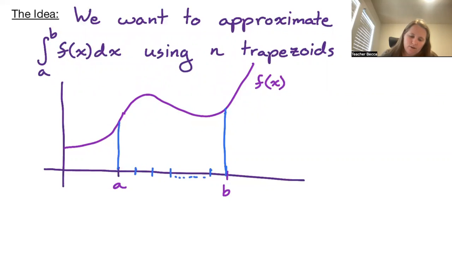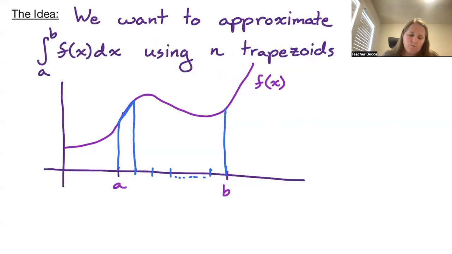And then for each interval, we're going to draw a trapezoid, which has essentially base 1 extends from the x-axis to f, starting at the left-hand side of the interval, and base 2 does the same going from the right-hand side of the interval.